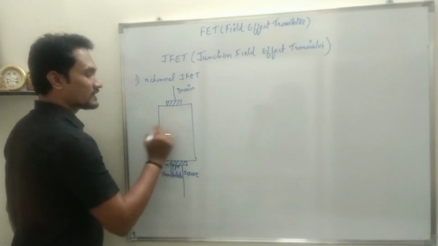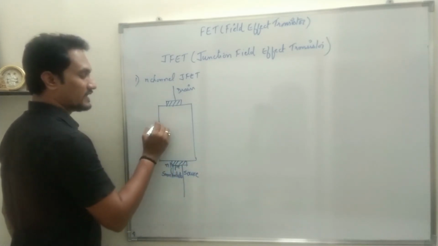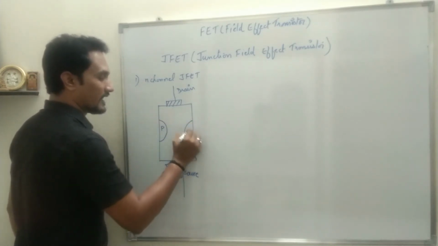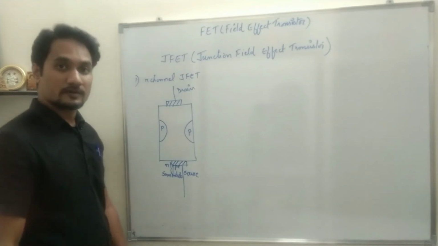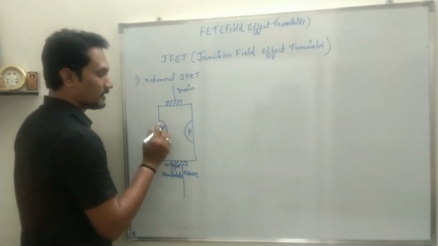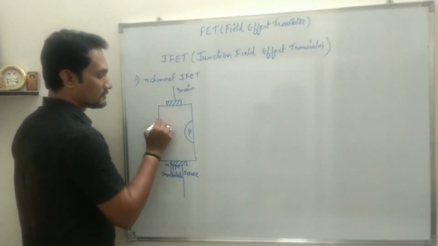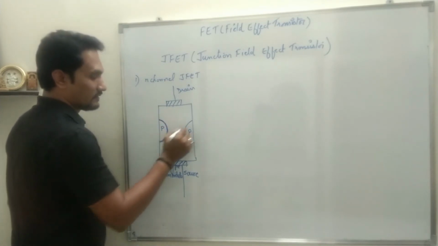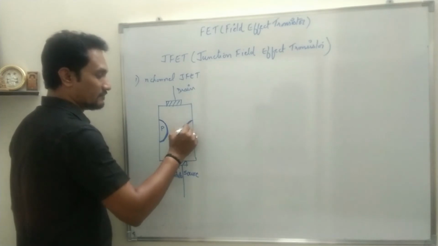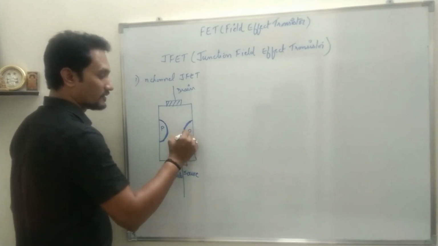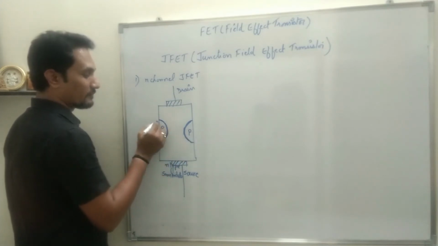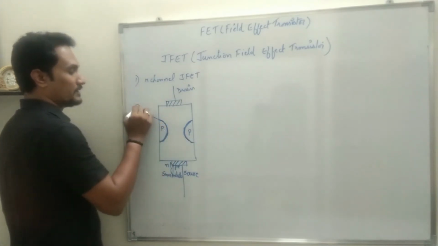On both sides of this n-channel JFET we dope trivalent impurity to form a p-type semiconductor. That means we have an n-type semiconductor in which you have doped trivalent impurity to get a p region. When you get a p region, this is a p-n junction, right?